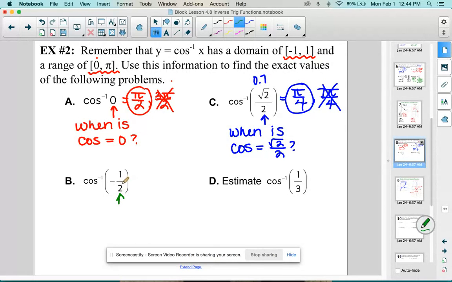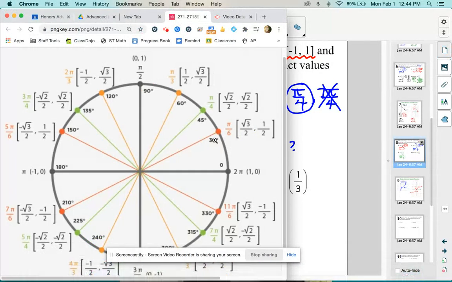Okay, a couple more. -1/2, is that in the domain? Yes, it is. So then we'll go to step 2 and we'll say, when is cosine -1/2? Okay, cosine is equal to 1/2 at pi/3, but -1/2 is not happening until 2 pi/3 or 4 pi/3.